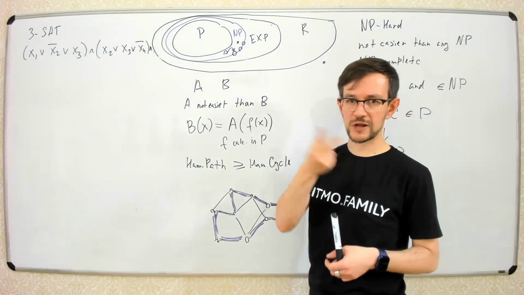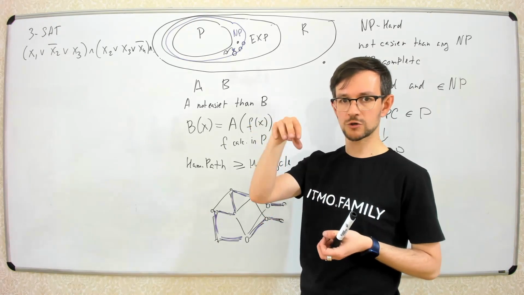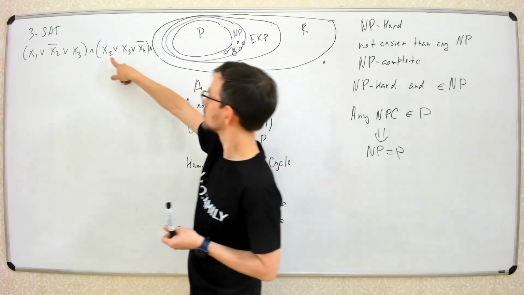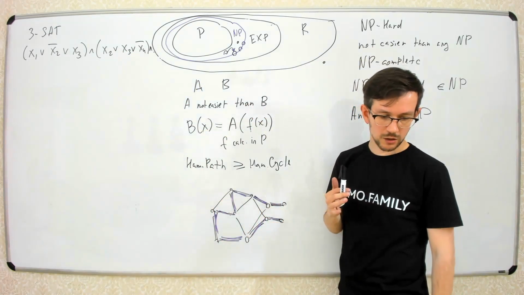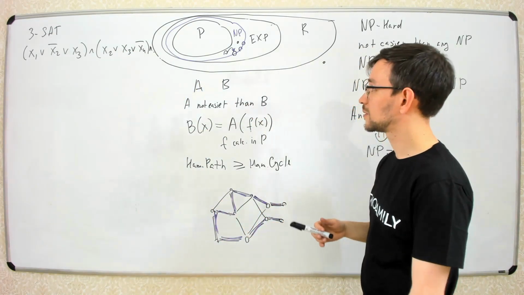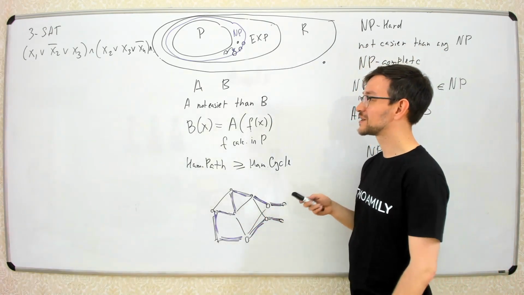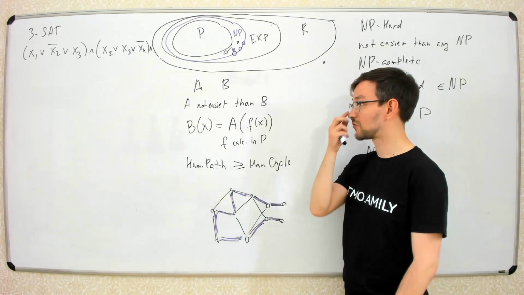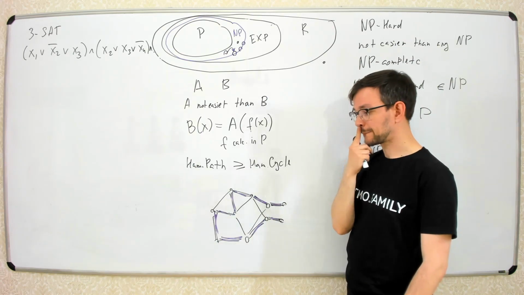So in each bracket you have three elements. Each element is either the variable or the negation of this variable. Clauses. Good. Thanks. My English is not that good. I actually forgot how to say it. So yes, there are clauses. In each clause you have these three elements.